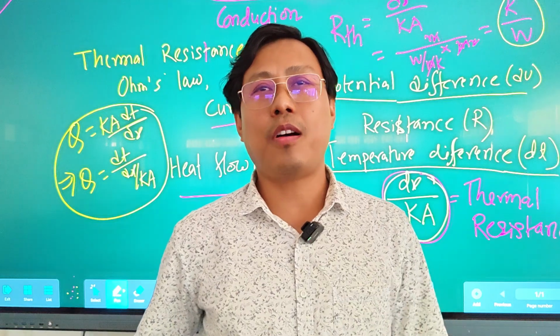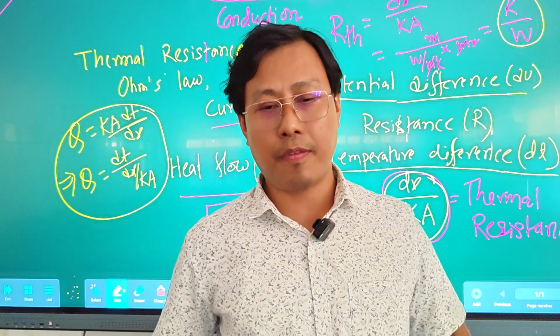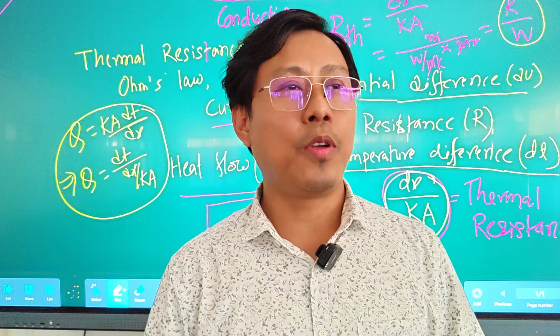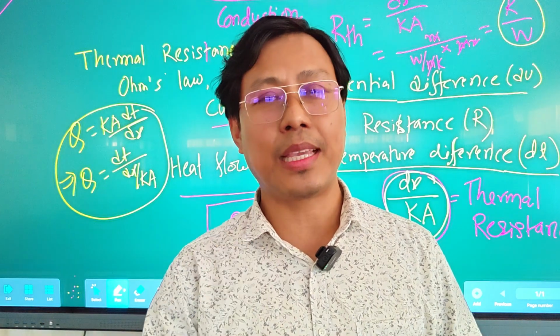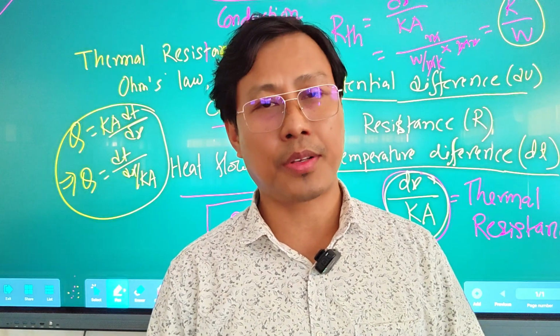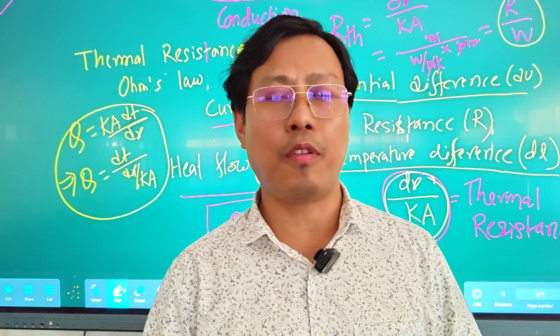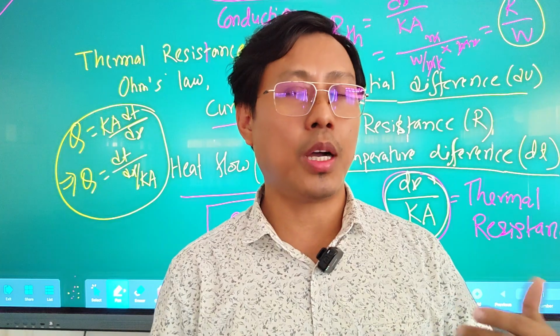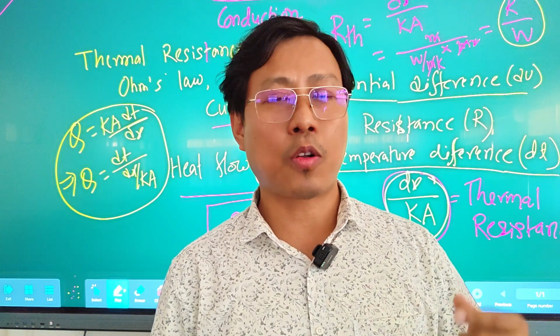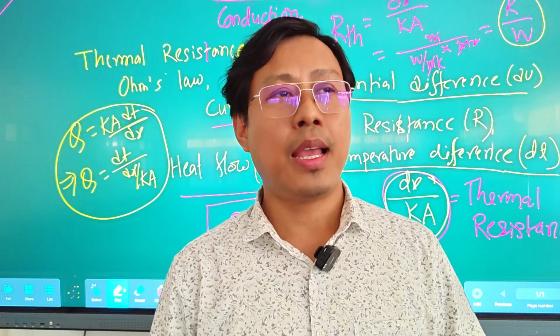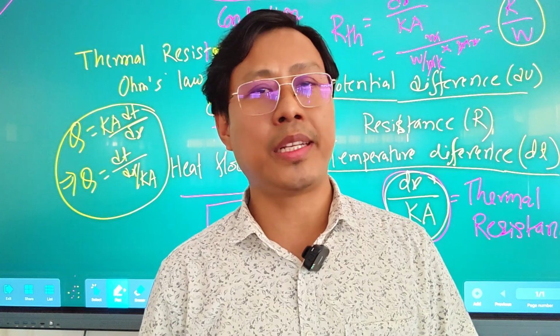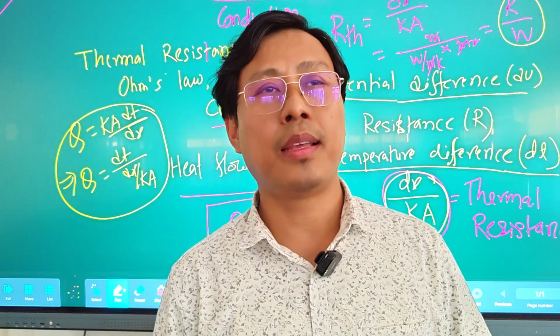So in this class on the basic concept of conduction, we have learned what is the basic equation of thermal conduction, and how assumptions are made in the case of Fourier's law. We have also found out the concept of thermal conductivity, and calculated its unit.